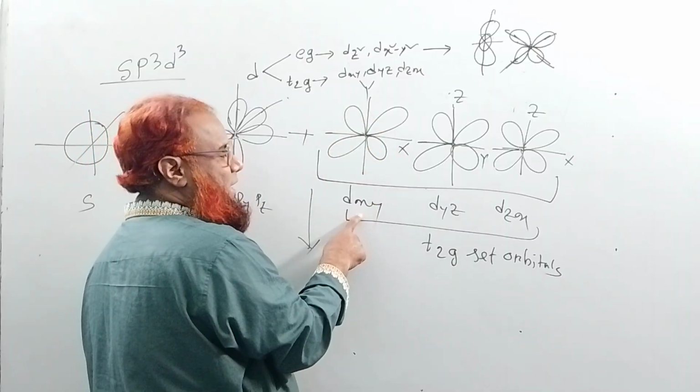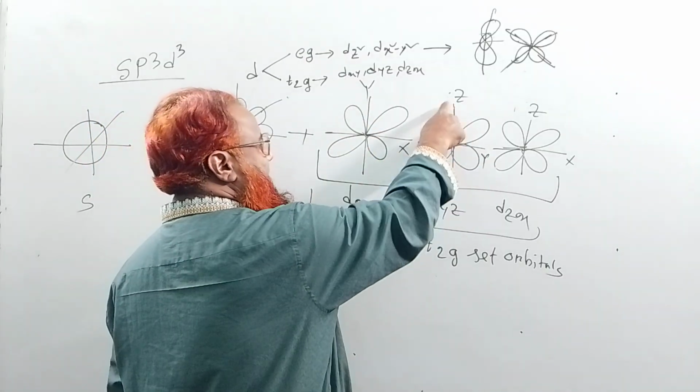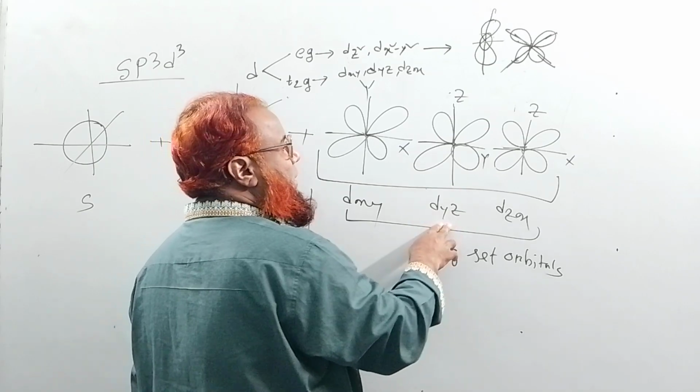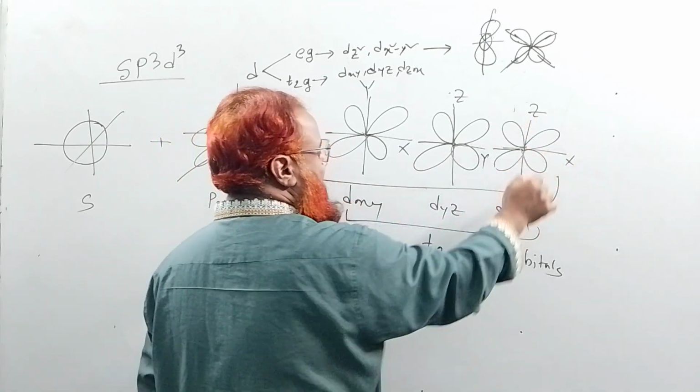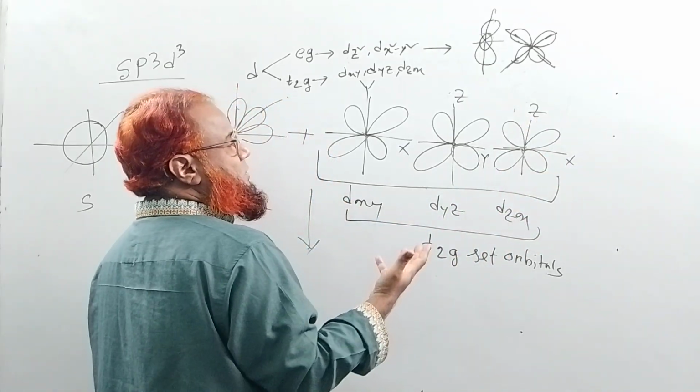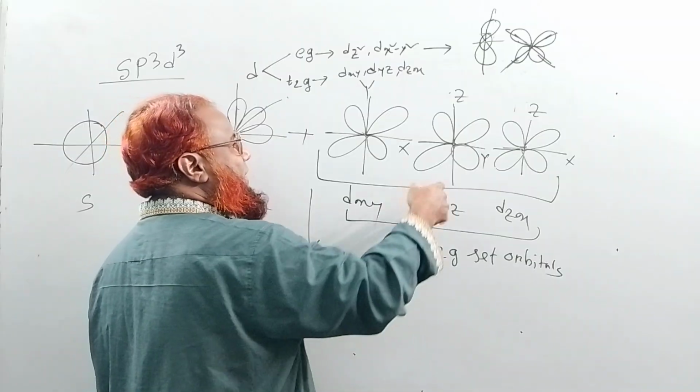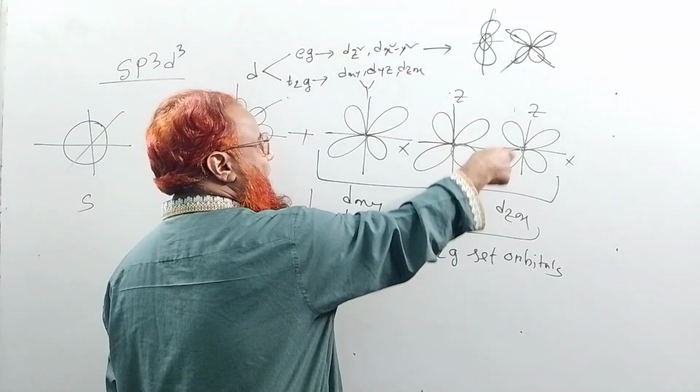Now, these two dumbbells will be present as the lobes in between the two axes x and y, which is known as dxy. Between y and z, that is dyz. Between z and x, that is dzx. You may ask how it is y and how it is z.